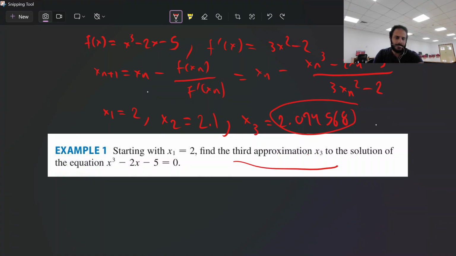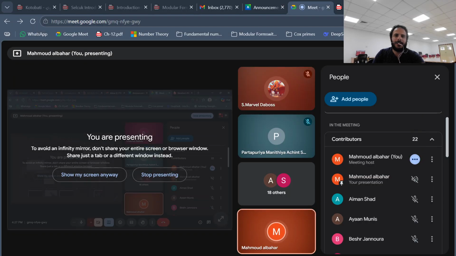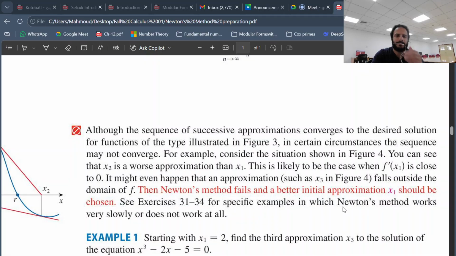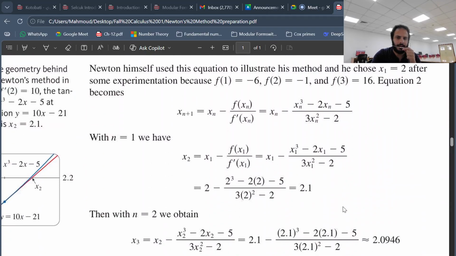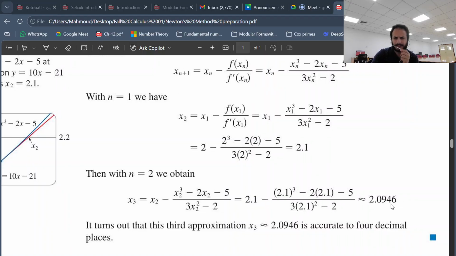Yeah. I think it's also in the book that it's 2.94. Let's see. Yes, it's 2.09. I made some mistake. My bad, sorry. Did you forget parentheses while writing? No, I did it separately because I couldn't save the last one. No problem.